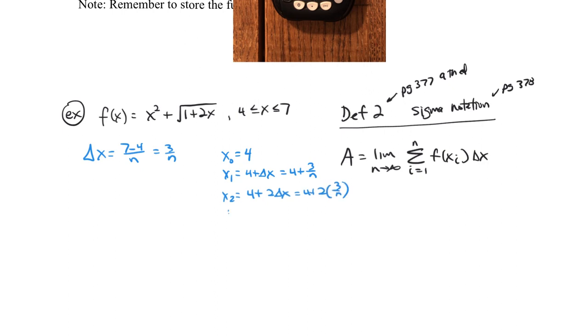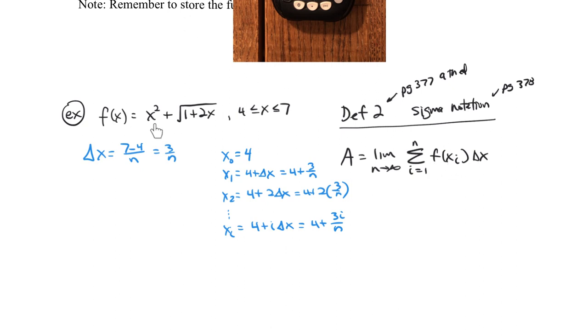Generally, x sub i is going to be 4 plus i times delta x, which is equal to 4 plus 3i over n. And that's what we need. In this formula we need x sub i, and we've got that. So we basically have to figure out f of x sub i.